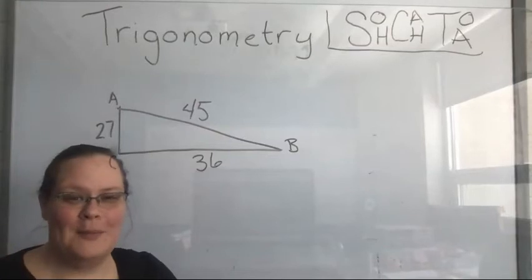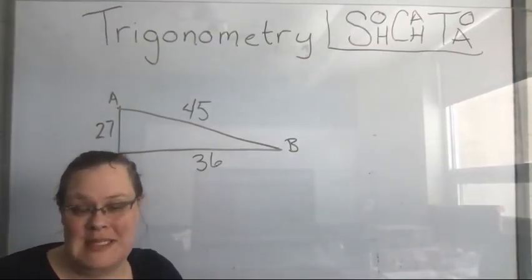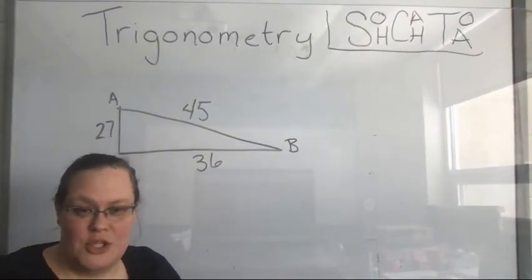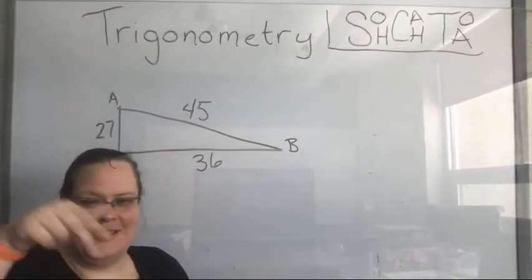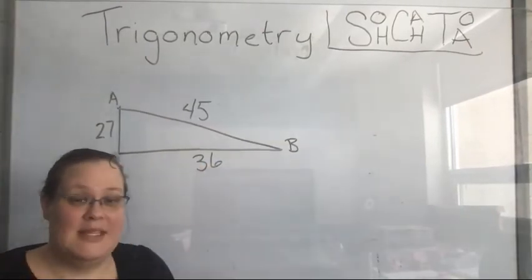Okay, let's look at one more example. Here you see another triangle. Again, we know all 3 sides. Sometimes you might only know 2, and that's okay, but we can only find the ratios with the sides that we know. Here we're given all 3, and we also know the names of these angles.